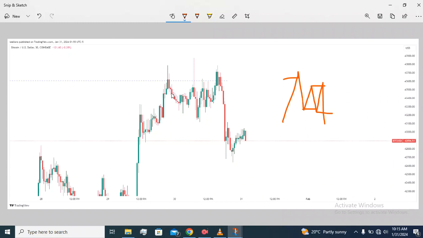We can see now on the 30 minutes time frame that we had a sweep of liquidity. A sweep of liquidity, yes, but I also insisted after the sweep of liquidity we should wait for a manipulation before we start to react. You can see a manipulation here.